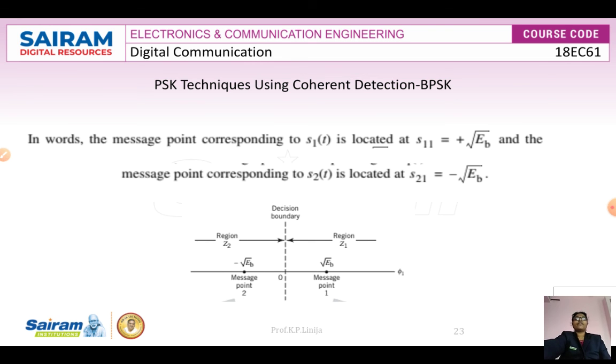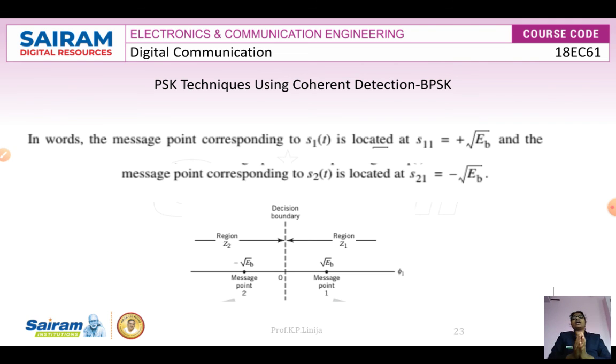This is the phi 1 signal space representation, and this is phi 2. So plus root EB for message point 1 and minus root EB for message point 2. These are all about binary phase shift keying with coherent detection, and this is the way we can represent the signal space with two message signals.